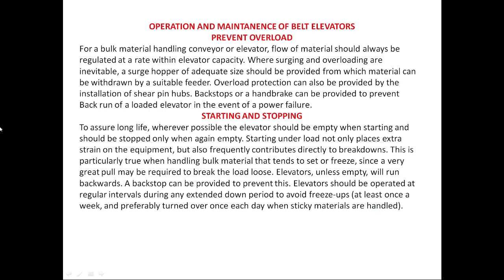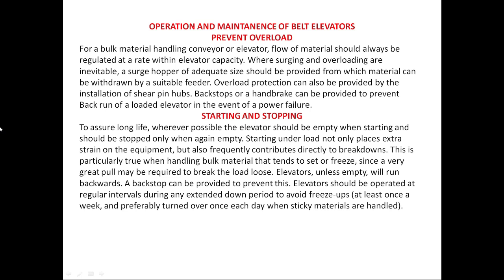Operation and maintenance of belt elevators: prevent overload. For bulk material handling, conveyor or elevator, flow of material should always be regulated at a rate within elevator capacity, where surging and overloading are invited.